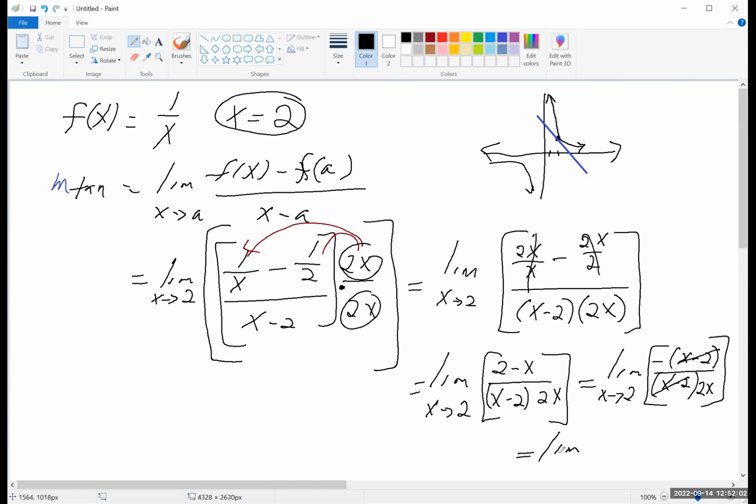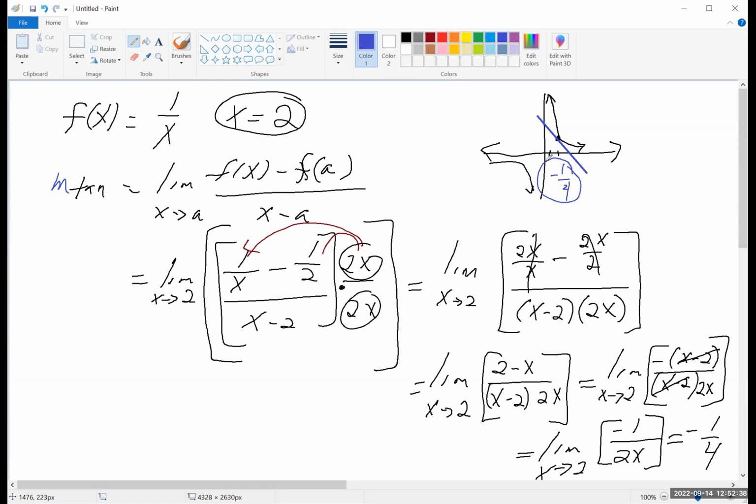And I've got the limit as x approaches 2 of minus 1 over 2x. And I can now directly plug in the 2, and that's negative 1/4. And just to confirm, notice that this is a negative line, so it should have a negative slope.